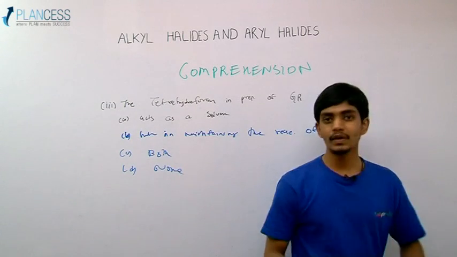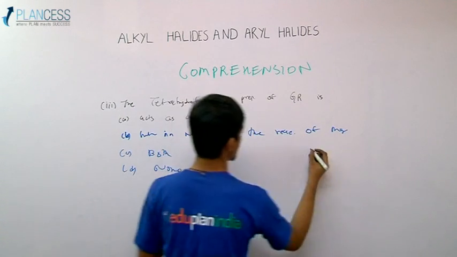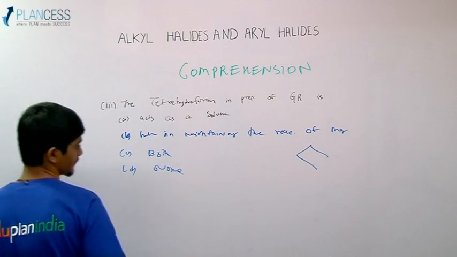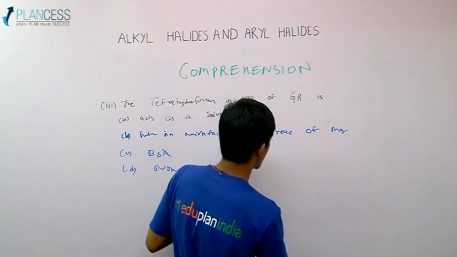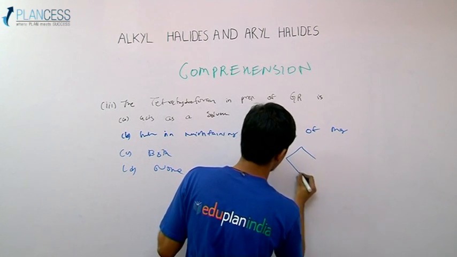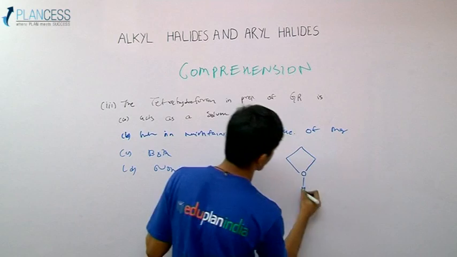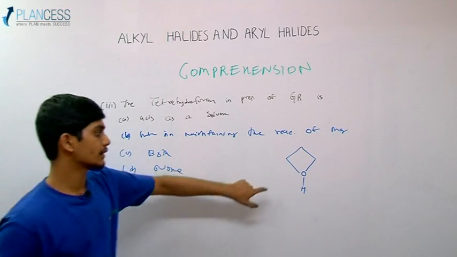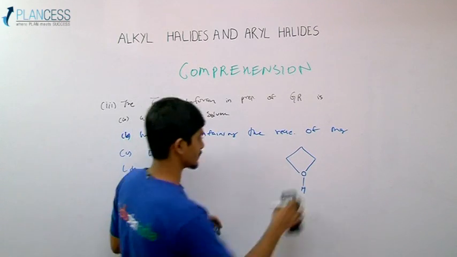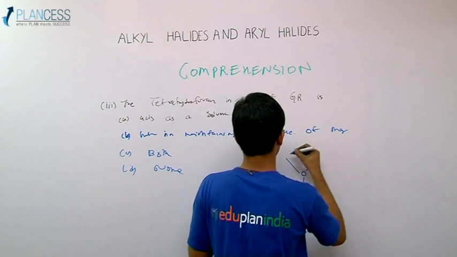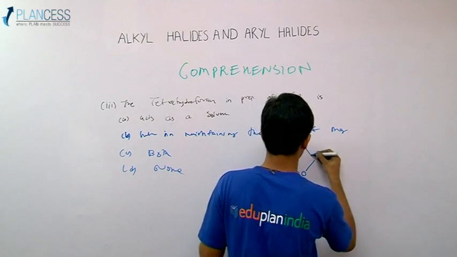So now, what is this tetrahydrofuran? Tetrahydrofuran is this compound. It is a 5-membered ring with one atom replaced by oxygen. So this is tetrahydrofuran; this is a 4-membered ring, and a 5-membered ring would be this way.